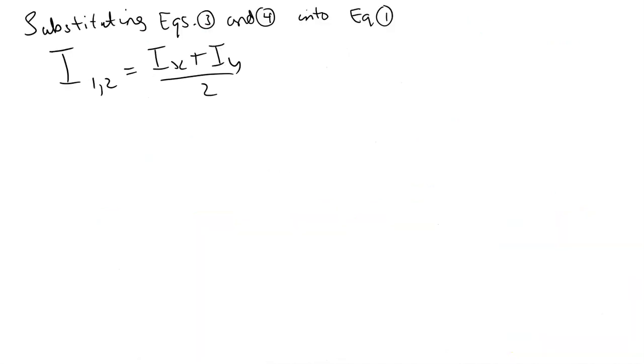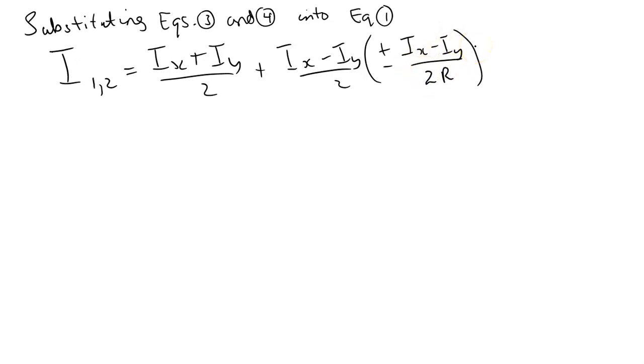So in other words, I'm going to put plus or minus, and you're going to see this is (Ix minus Iy)/2r. And for the sine 2 theta term, well, firstly we need to put in Ixy, and it's going to be minus or plus, based on the previous equation, Ixy on r.